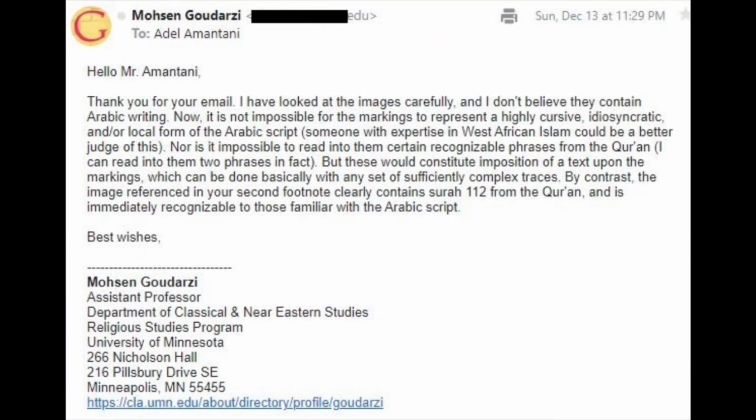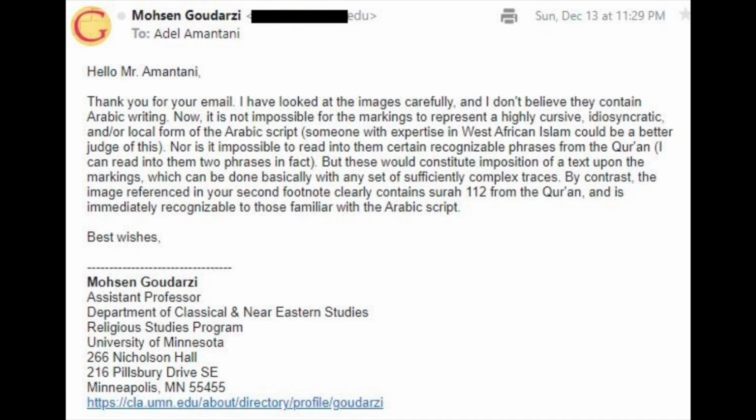This one is from Mohsen Gudarzi, an assistant professor of Near Eastern Studies at the University of Minnesota. His email takes a different approach. His email reads in part as follows, quote, "Thank you for your email. I've looked at the images carefully, and I don't believe they contain Arabic writing. Now, it is not impossible for the markings to represent a highly cursive, idiosyncratic, and or local form of Arabic script.